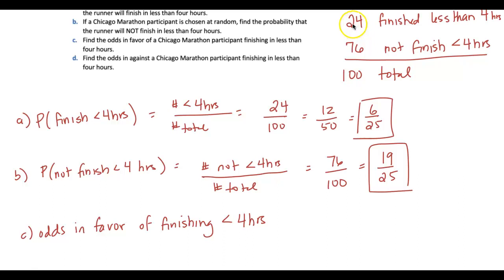So we would start with, in favor of finishing less than 4 hours, the number that did finish in less than 4 hours, which would be 24. And then the other comparison would be compared to those that didn't finish in less than 4 hours, which would be 76. Reducing that, we would get 6 to 19. Or writing it in a different way, 6 to 19.